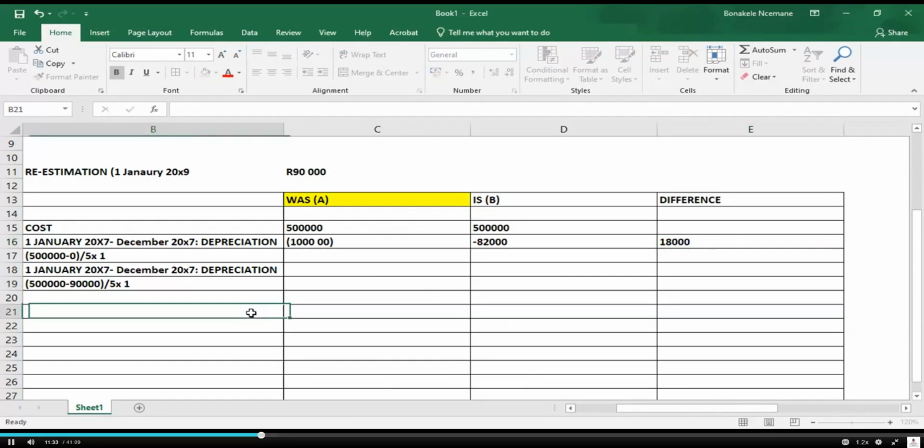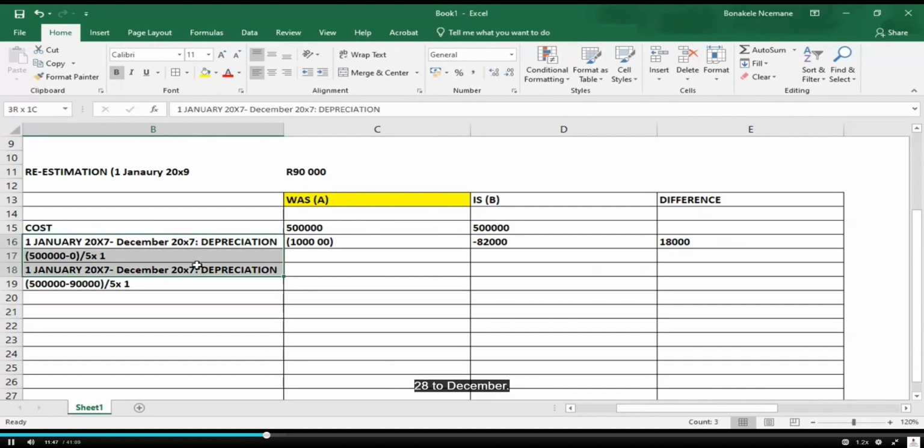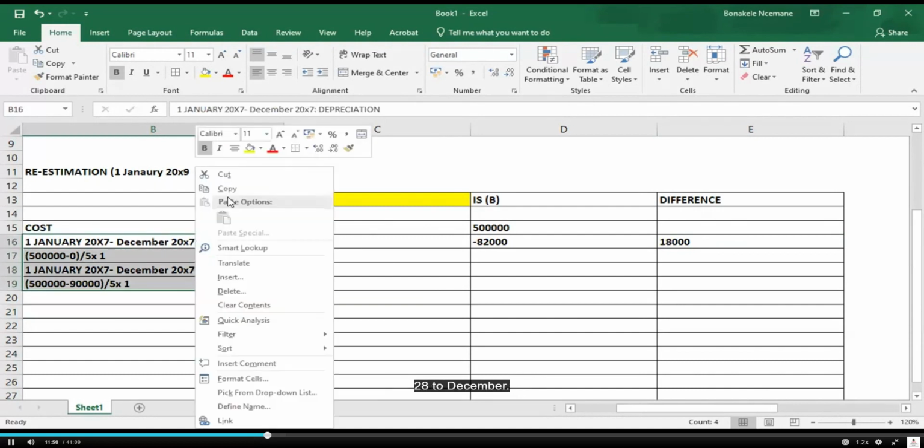Then our second calculation would be the period between the 1st of January 20x8 to December.